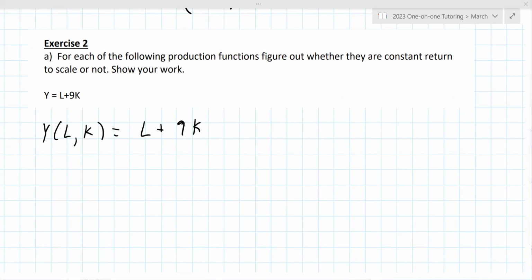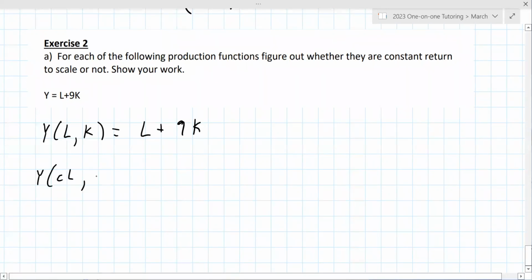You can use a constant again, like we've been doing. You can change L to CL and K to CK. So CL plus 9CK.